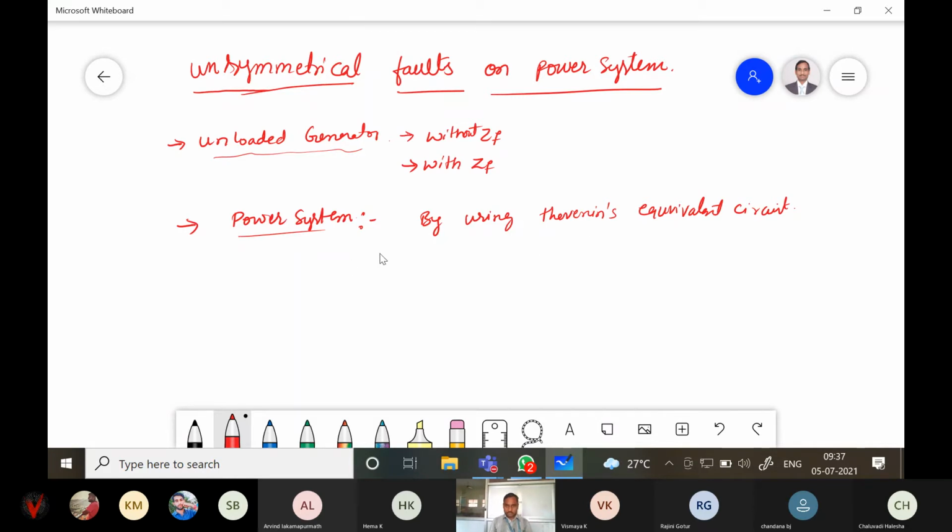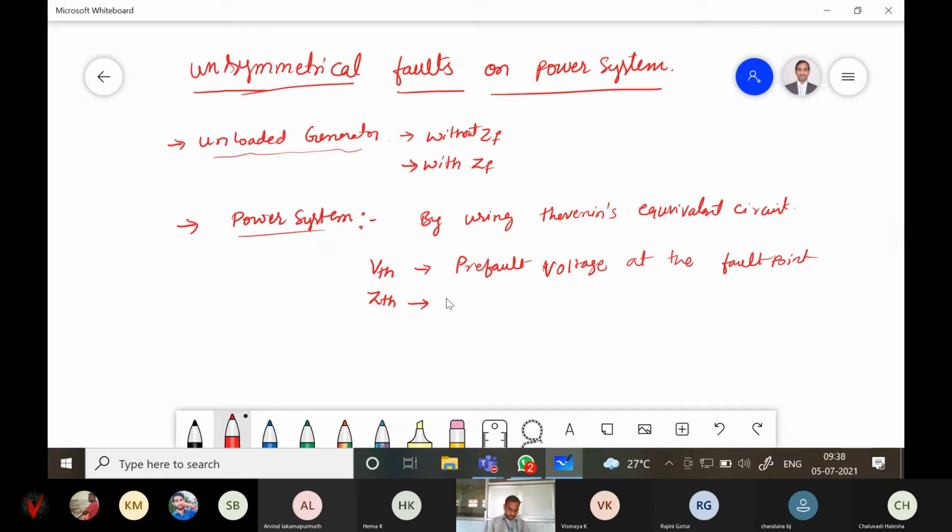In that we have the Thevenin equivalent voltage, VTH, and ZTH, which is to be calculated. VTH is called the pre-fault voltage at the fault point, and ZTH is the Thevenin impedance of the network.